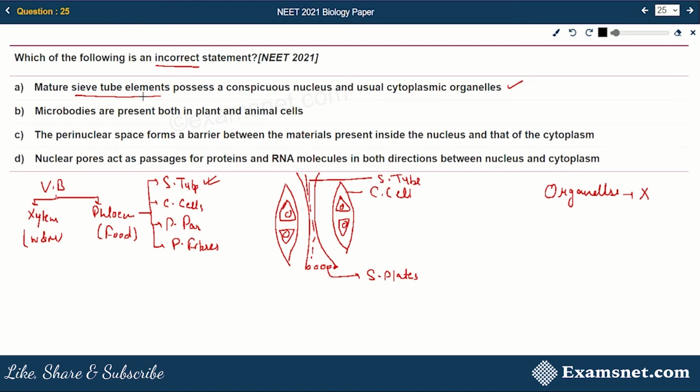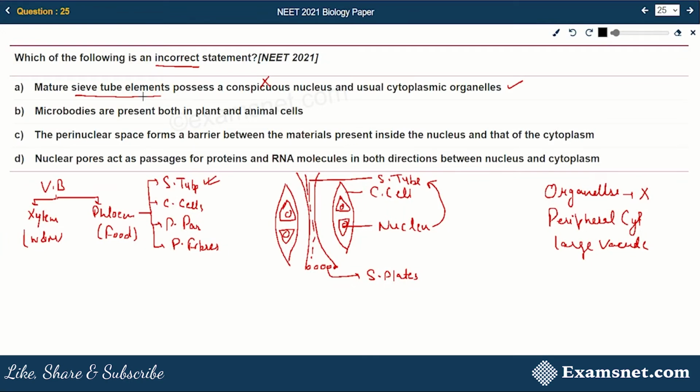So the sieve tube elements have peripheral cytoplasm and a large vacuole but no nuclei. So who controls the action of sieve tube elements? These actions are controlled by the nucleus of the companion cell. Therefore these sieve tube elements do not have their own conspicuous nucleus.